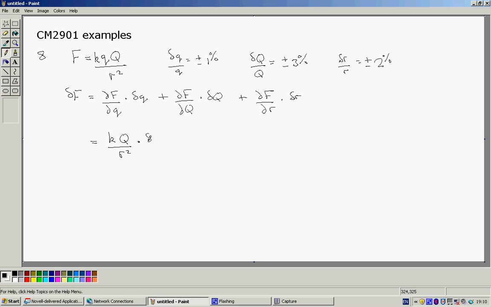Similarly, partial df by dQ is the constant multiplying large Q, so k times small q upon r squared.